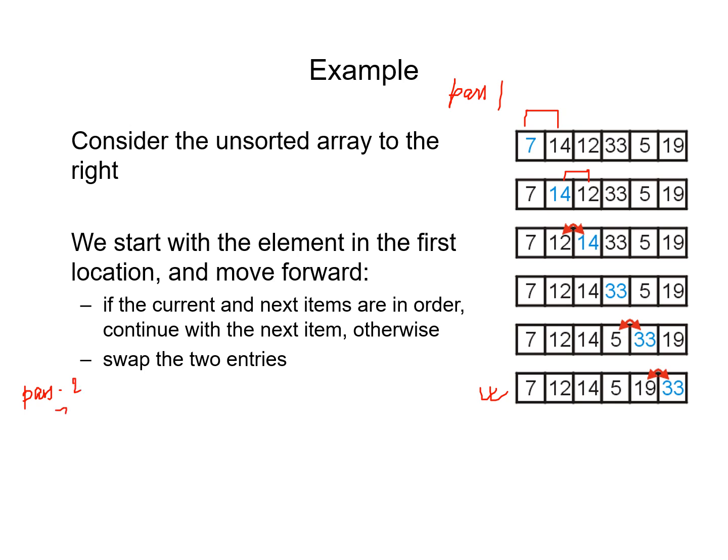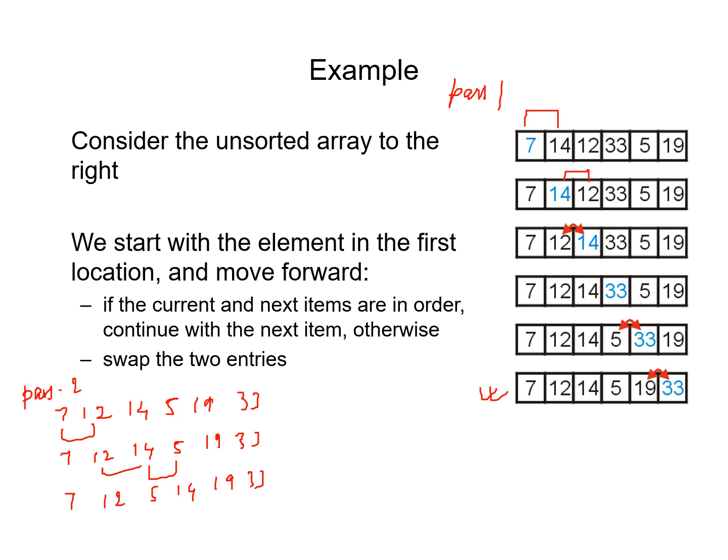Now you can see 7, 12, 14, 5, 19 and 33. You check the first two, and they do not need any swapping. Now you consider the next two, no swapping. Now you compare these two, swapping is required: 7, 12, 5, 14, 19, 33.